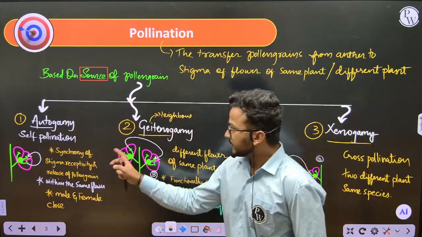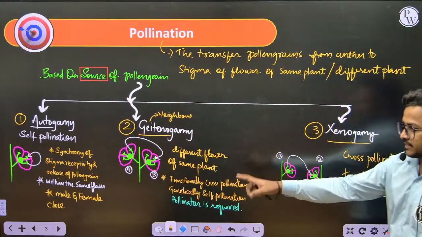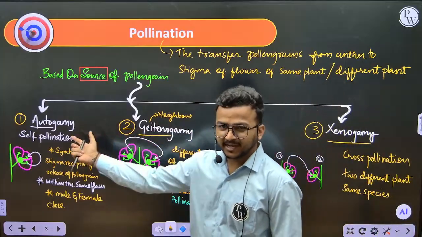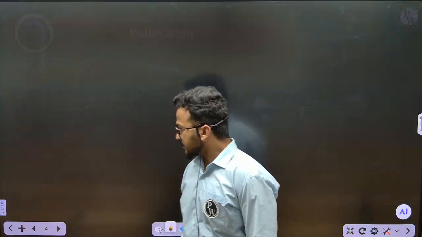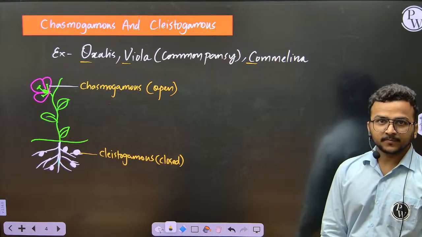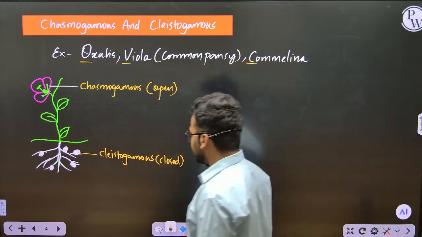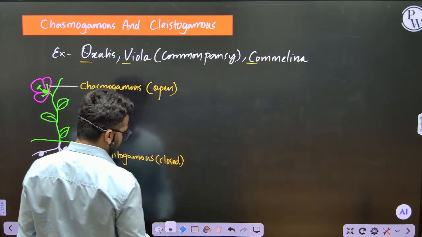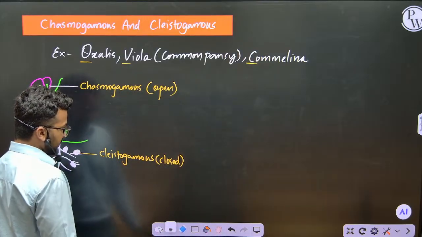There are three types, no? Among these three types, which one will take place in the case of this clistogamous flower? Even before 2021, they asked this question.